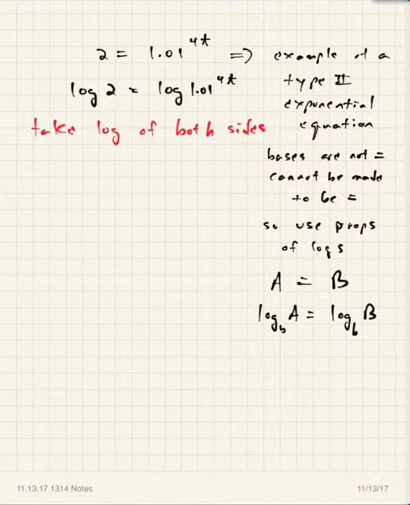I could use any base I wanted to because we're going to be looking for decimal approximations at the ends of these problems. I'm either going to use a base 10 logarithm or a base e logarithm and use the natural log on both sides of the equation. And sometimes there's other considerations also, but those are the 2 logarithms that we're going to generally use when taking the log of both sides of the equation.